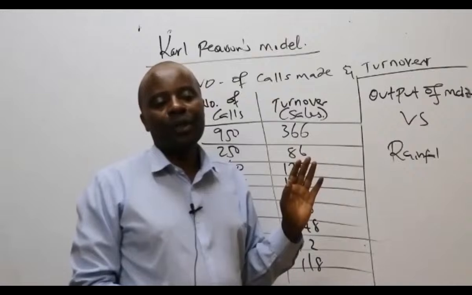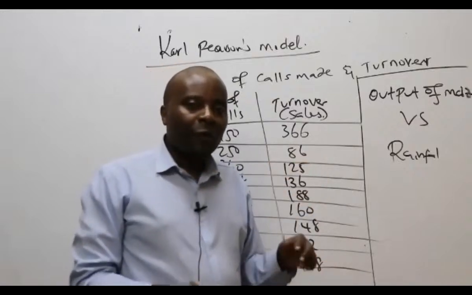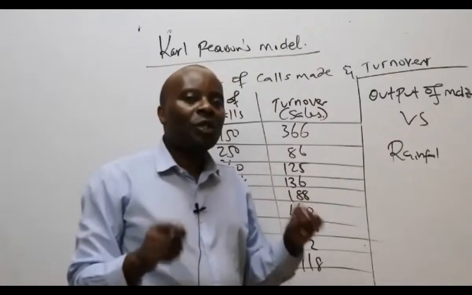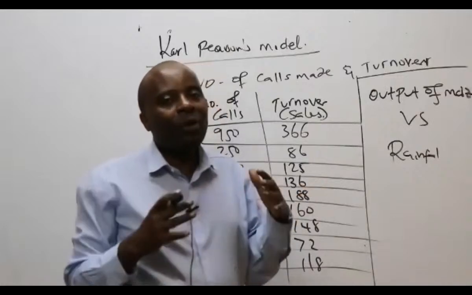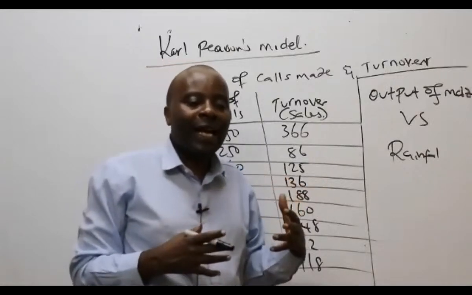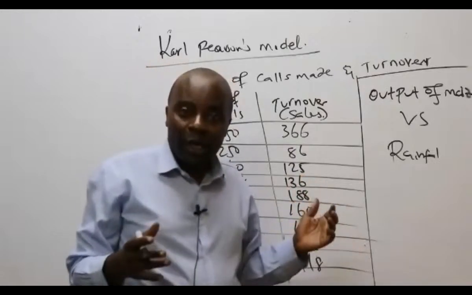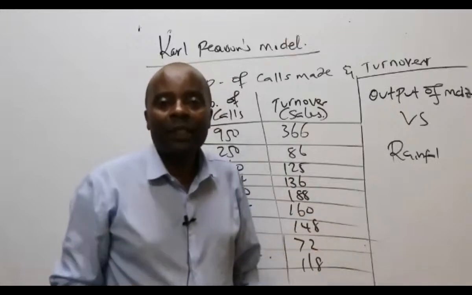No. It is the other way around. The output of maize that you're going to have in a particular season depends on rainfall. Ladies and gentlemen, the amount of rainfall we're going to receive is an act of God. Whether you plant maize or cassava or grass or nothing, if rainfall is to be there, it has to be there.